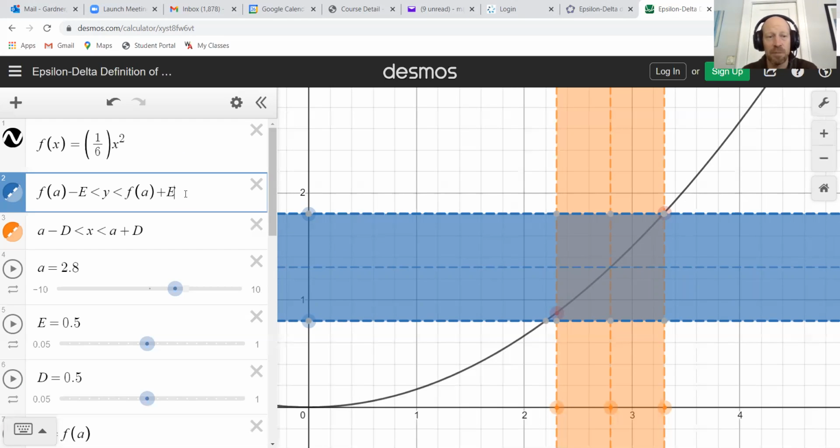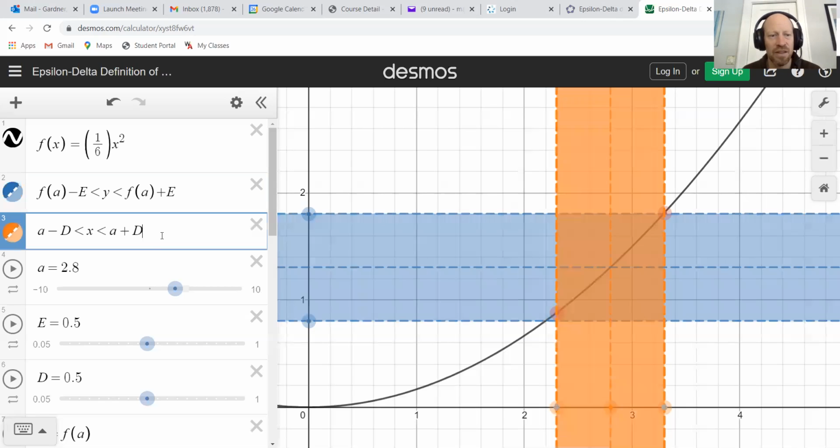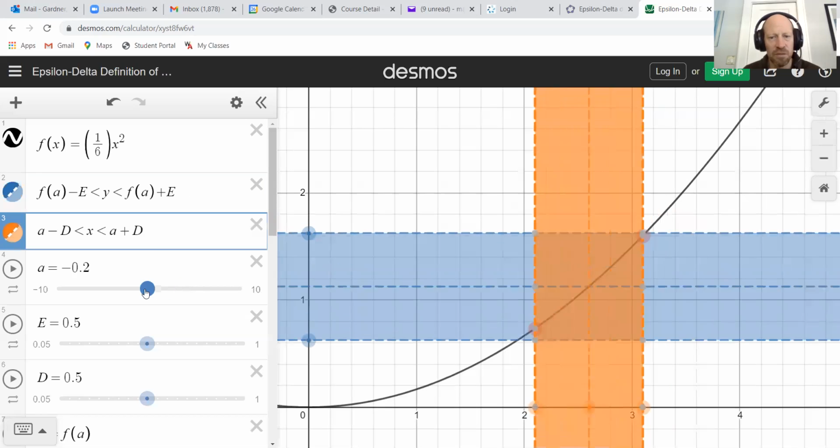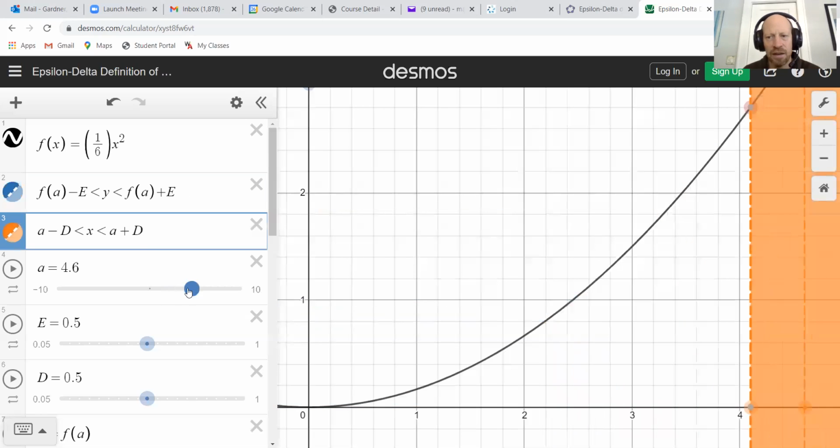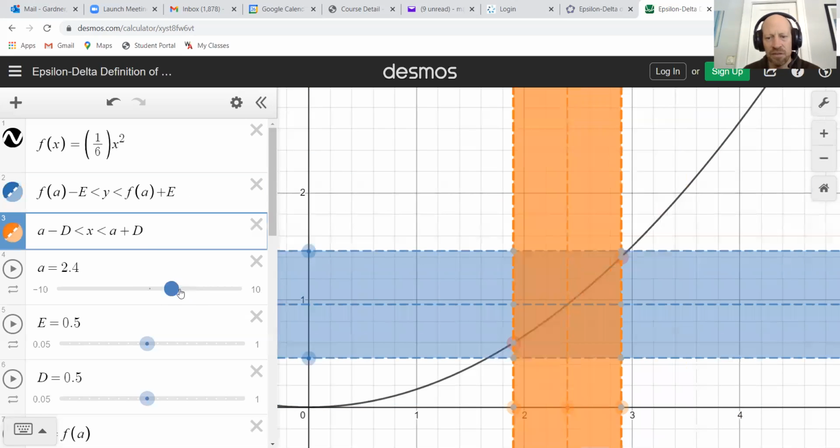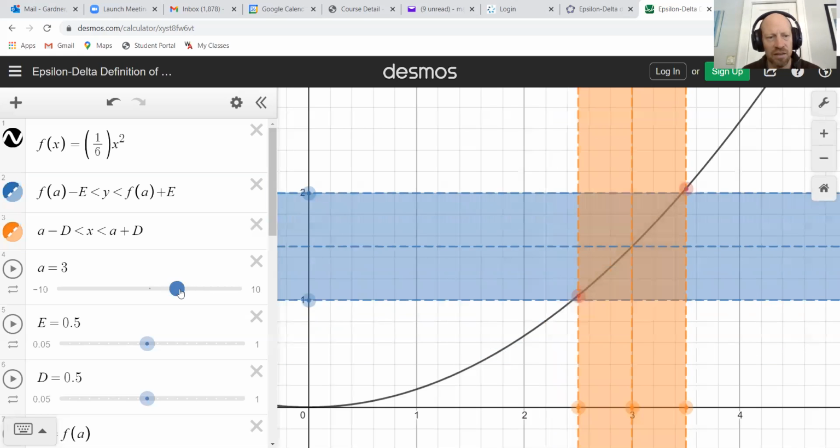The y values are between f of a minus epsilon, capital E is what they're using for their epsilon, right? Minus E and plus E. And then it's the same idea here for the x values, the region around that. So this is picking where that A is. So it doesn't matter so much there. A is equal to 3.